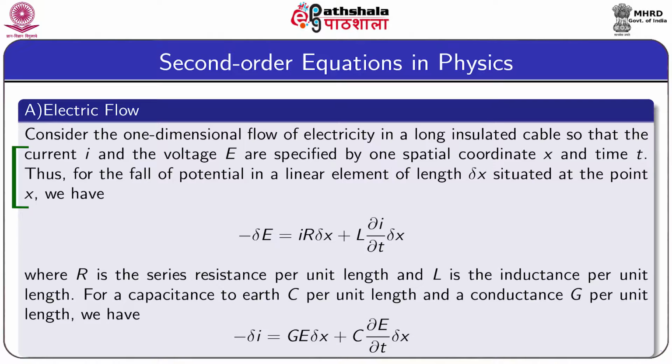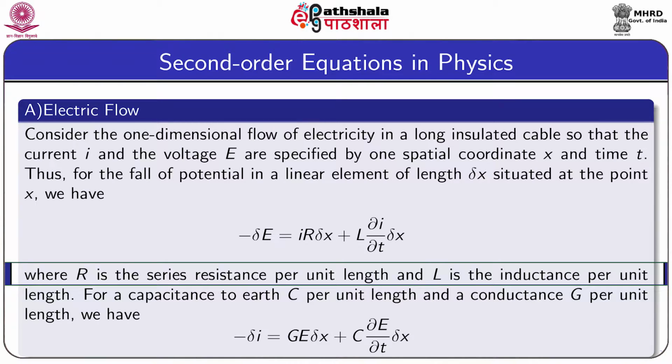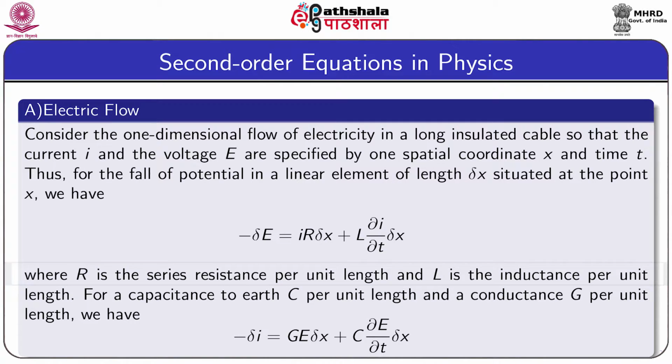Thus, the fall of potential in a linear element of length delta x situated at the point x can be written in this form: minus delta E equals I R delta x plus L del I del t delta x, where R is the series resistance per unit length and L is the inductance per unit length.